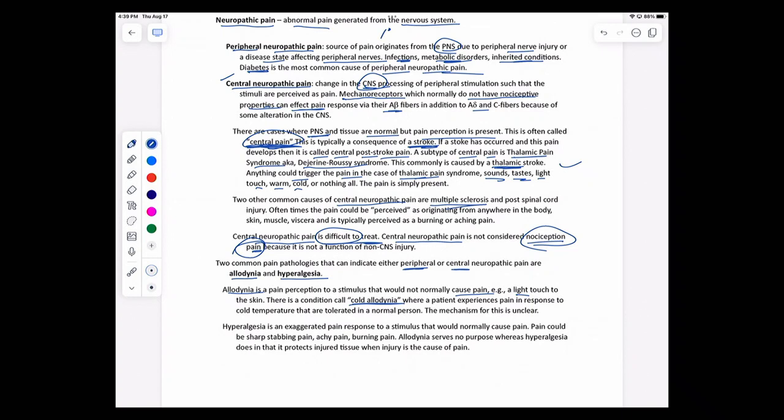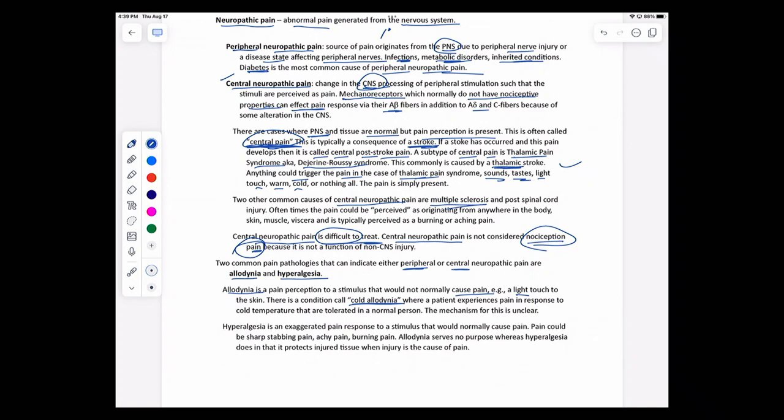In other words, maybe you just touch something that is 55 degrees, and your normal response is, this is cool. But someone who has cold allodynia would touch that cold piece of metal, and it would cause them excruciating pain. Again, poorly understood. What's going on there? Nobody knows. But that would be the case where the allodynia is actually tied to thermoreceptors.